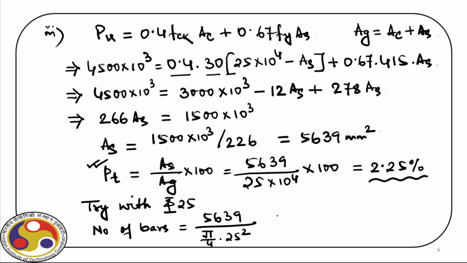So this is equal to 11.59. So provide 12 phi 25. So that is the steel designed for this column.